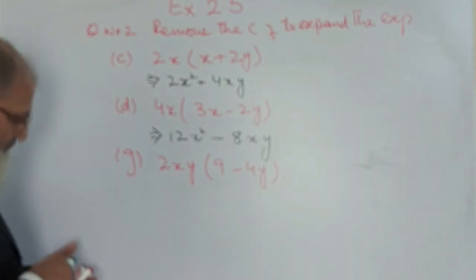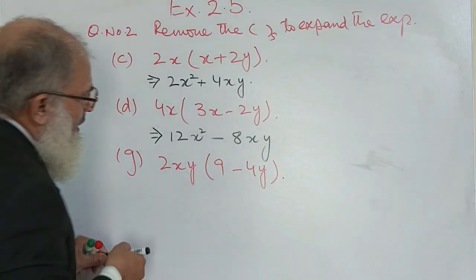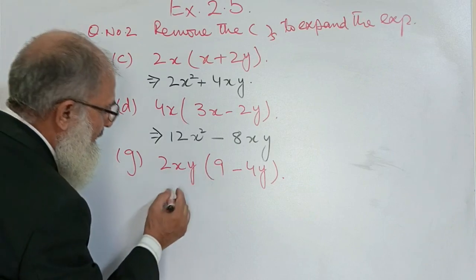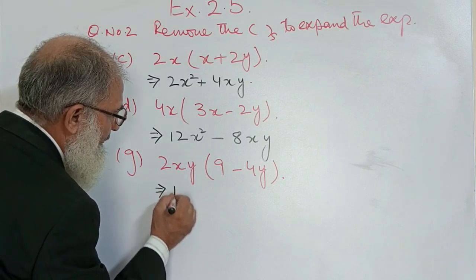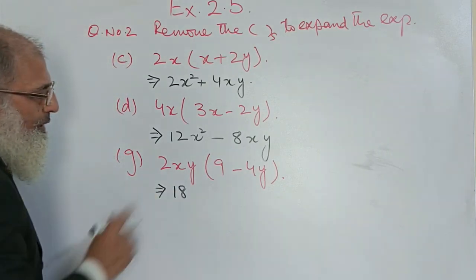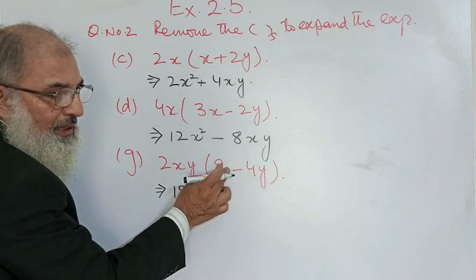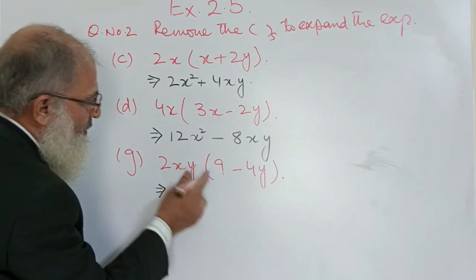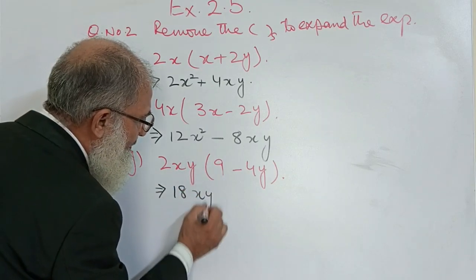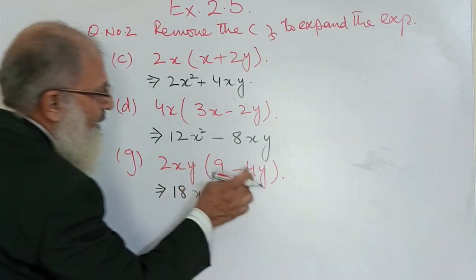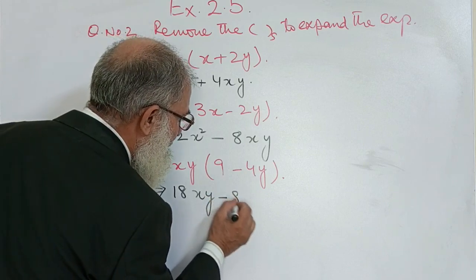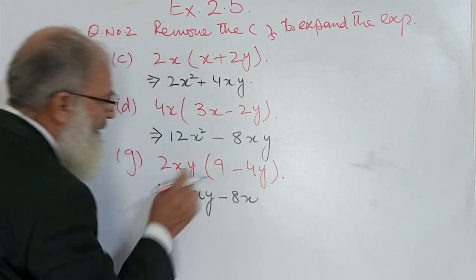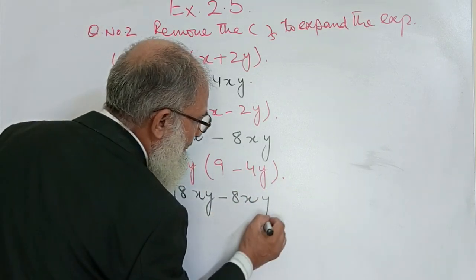This is the question. Again, 2 multiplied by 9 is 18. xy, and there is nothing inside here, so xy will be written as it is. 2 multiplied by 4 is 8. x will be written as it is. y multiplied by y is y square.